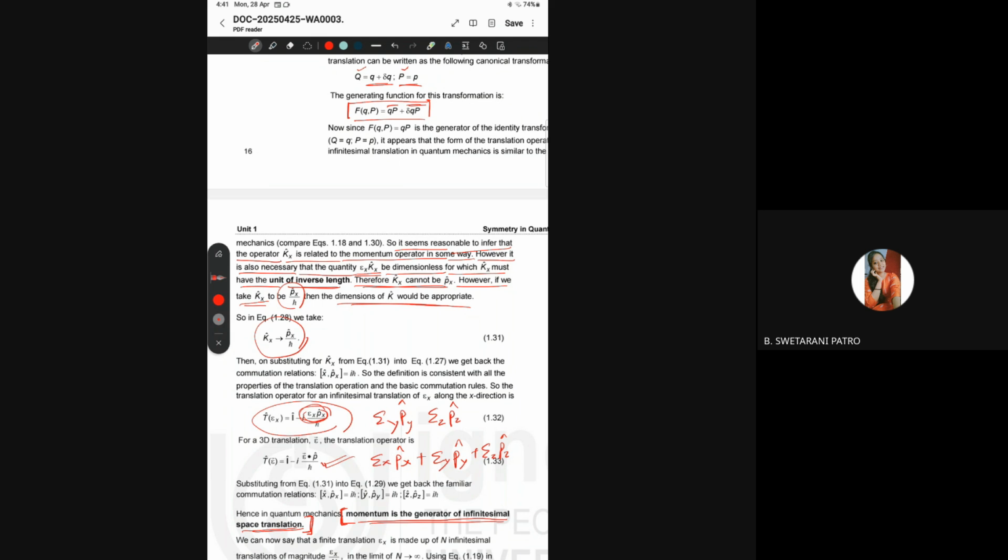And if a force is applied, then there will be acceleration, and then our body will move. So force is the cause. So here also, for change in position, momentum is the cause. Unless the body has momentum or is provided with momentum, the body will not move. So that is why momentum is the generator of infinitesimal space translation.